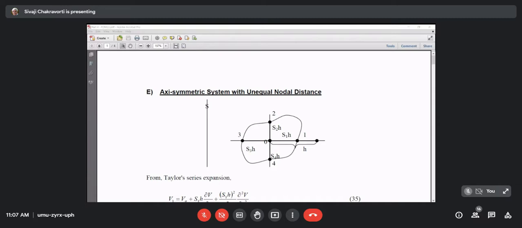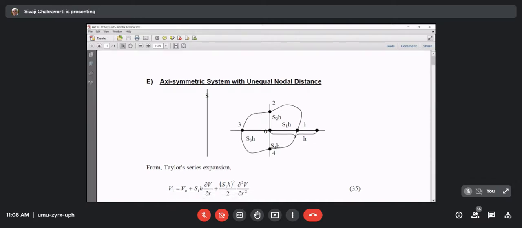So hopefully you can see the file on your screen where it is shown that our target node where we are going to write the FDM equation, node 0, is connected to four other nodes. By the way, axisymmetric system is always represented on a two-dimensional plane. It is never represented as three-dimensional because here the symmetry is rotation.